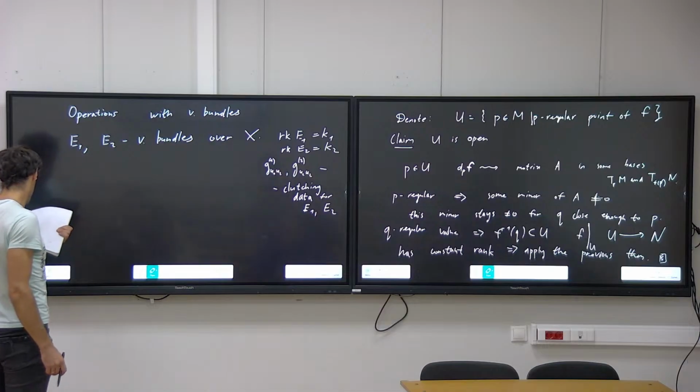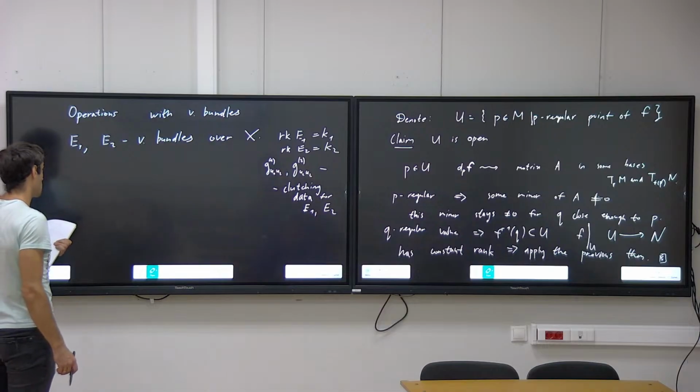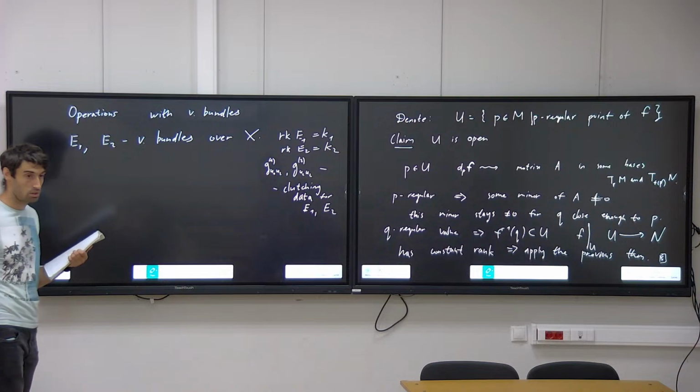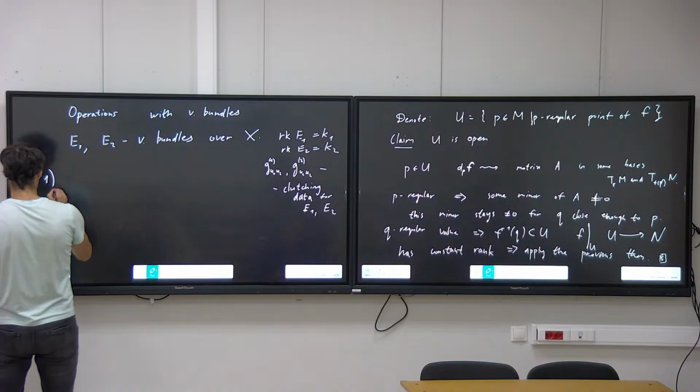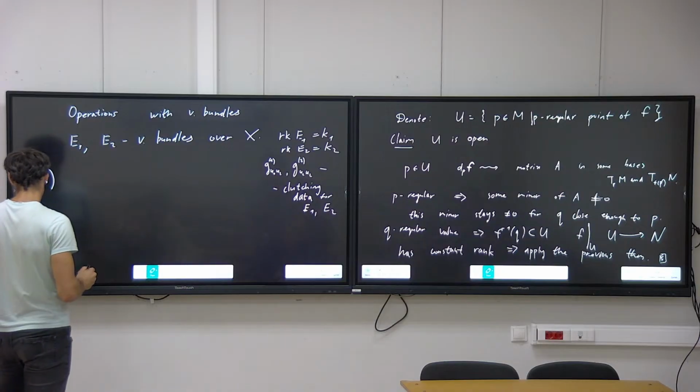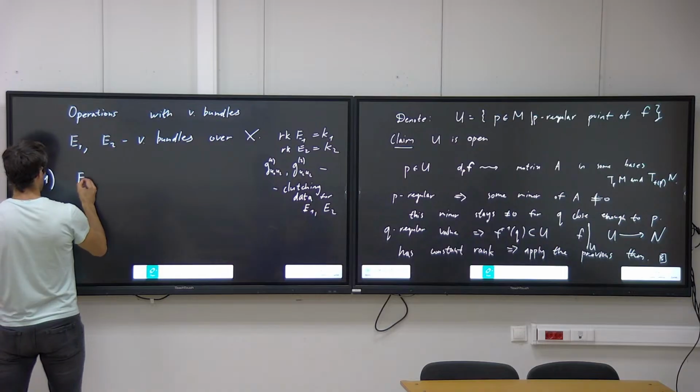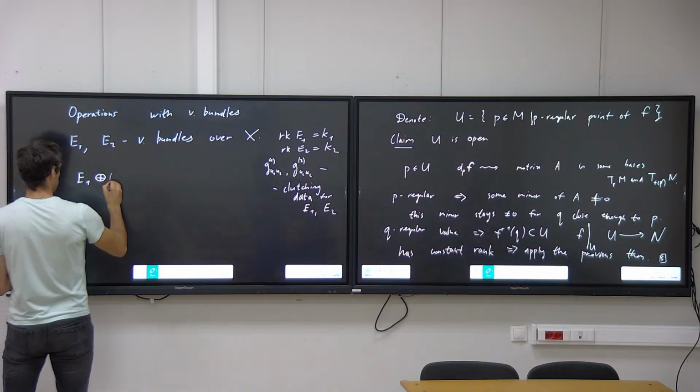Okay, so the message is that with vector bundles you can do the same things as with vector spaces; you just need to spell this out. Well, I can consider the direct sum.